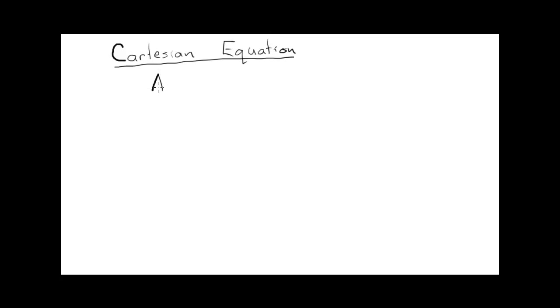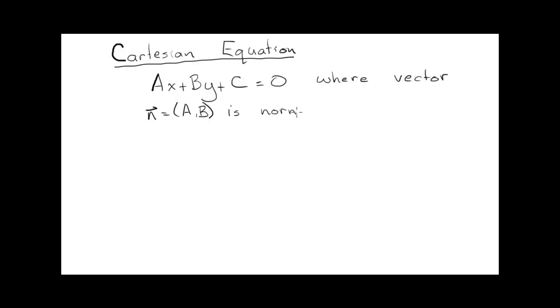So now the Cartesian equation we know is ax plus by plus c equals 0, but now we know where to get this a and b from, right? Where a and b, where vector, and we'll call this n, we'll use n equals (A, B), is a normal vector to the line.